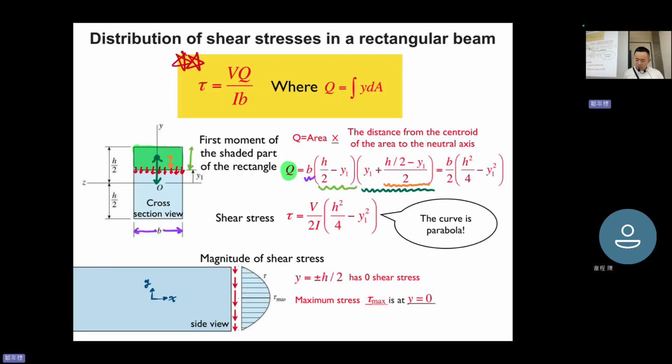And then we found that VQ divided by IB is a parabola, a second order polynomial. At the top and bottom, it is shear stress free, and the shear stress has its maximum at the neutral axis, right?